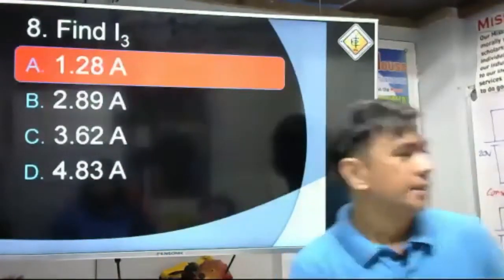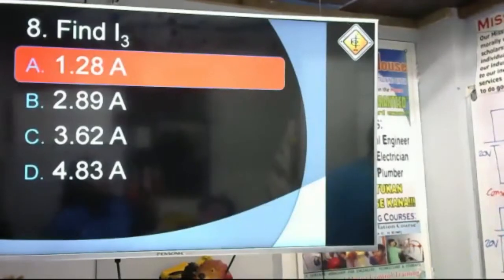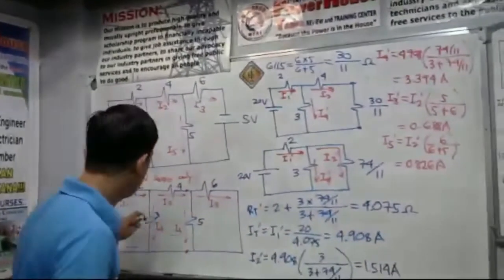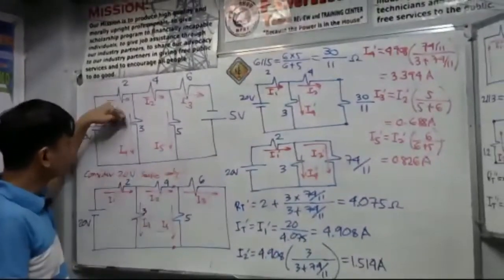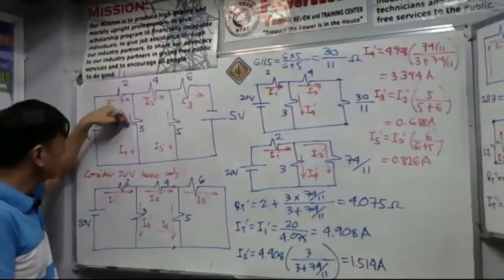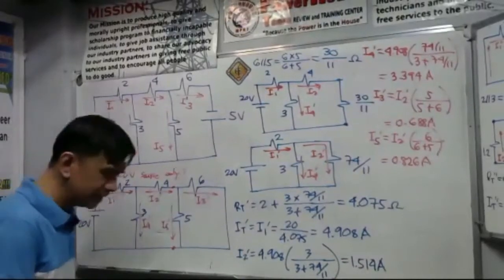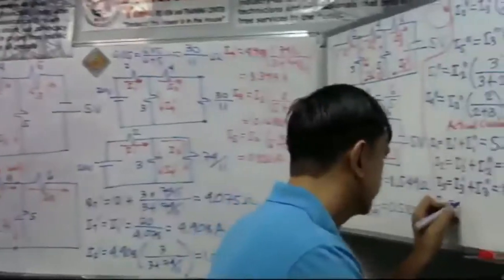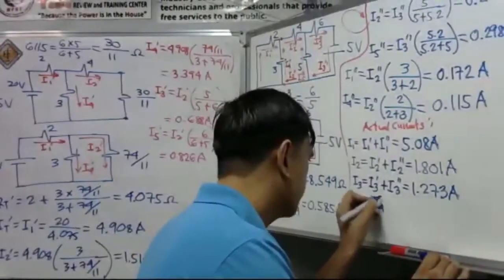Okay? So, let's have now our I4. Take a look at our I4. Our I4 original here, the given, is downward. I4 prime is also downward. So, therefore, I4 prime.